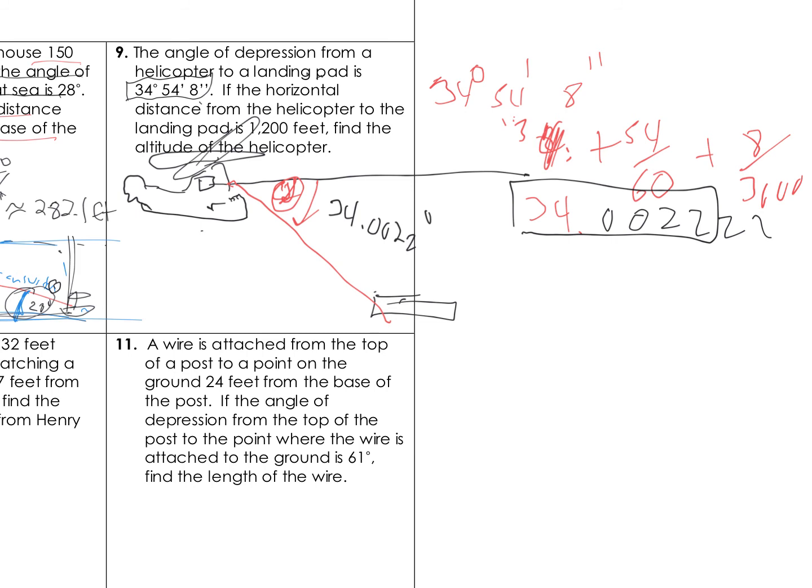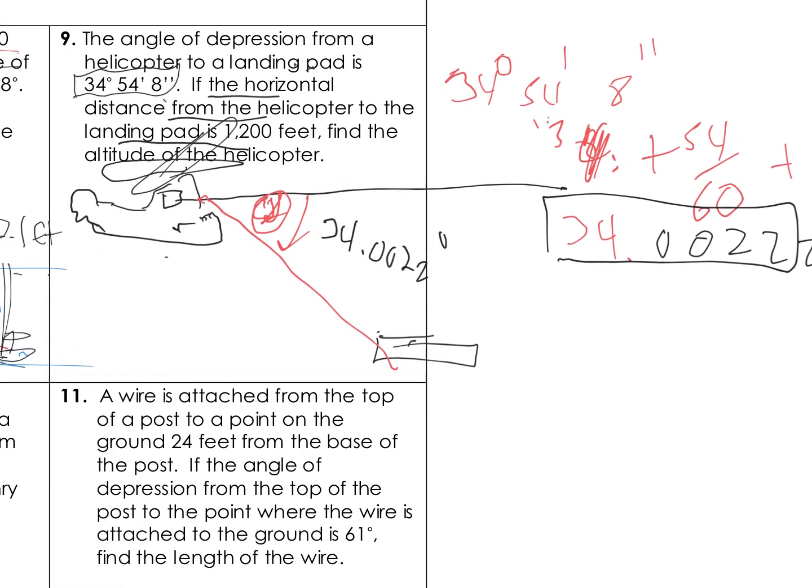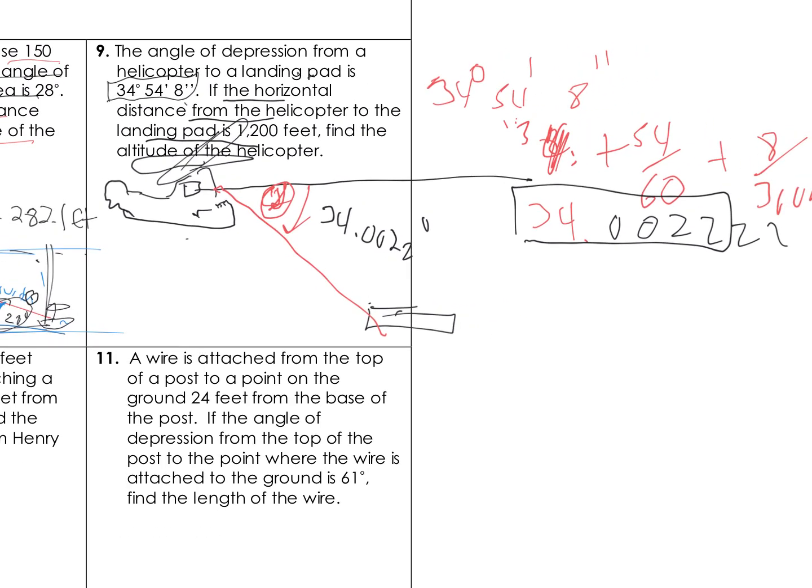All right. Now, if the horizontal distance of the helicopter is 1,200 feet, he's far away. That means he wants to find out how high the helicopter is, so I need to drop my perpendicular here, and then that distance is 1,200 feet.